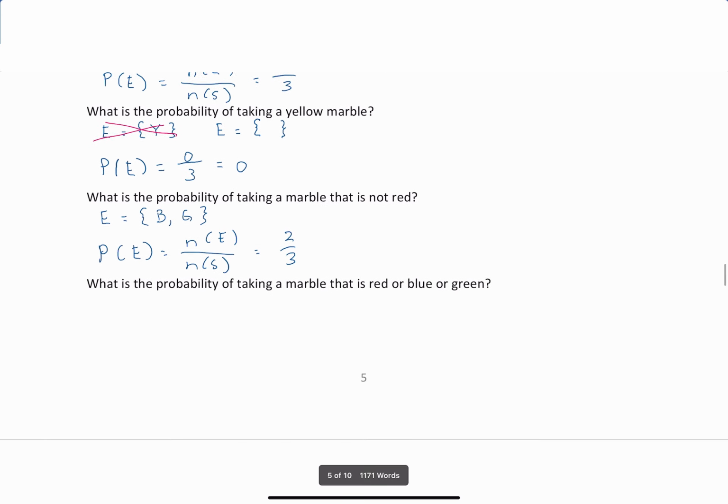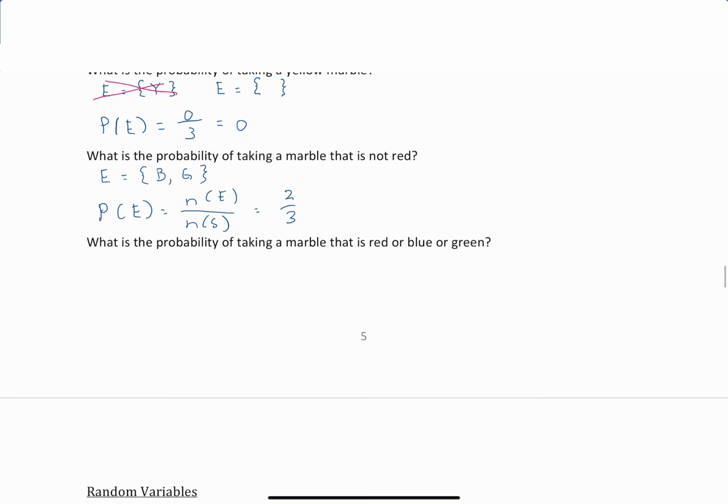Last, what is the probability of taking a marble that is red or blue or green? So red, blue, or green. Notice that is the entire sample space.